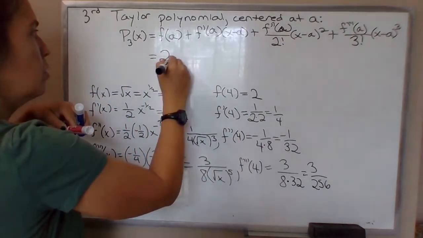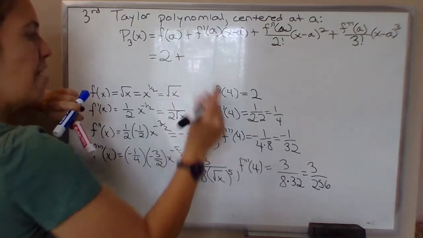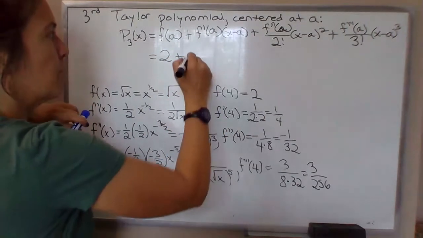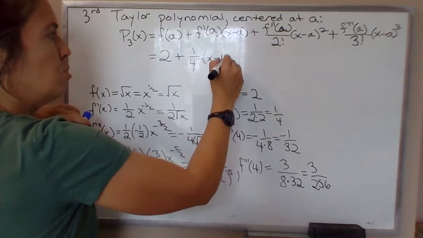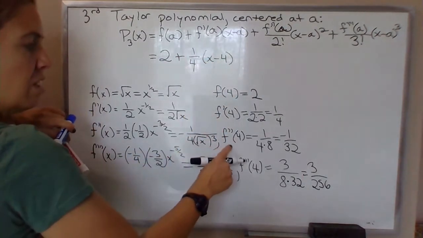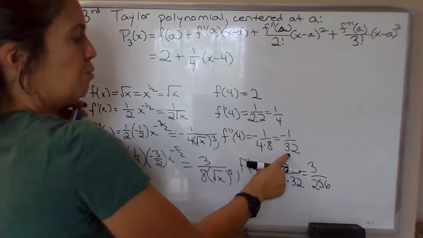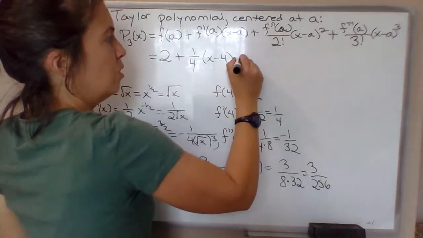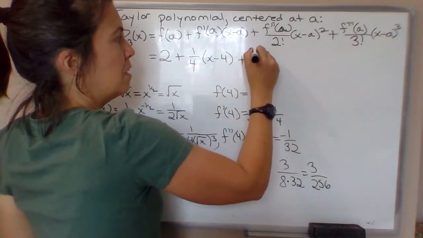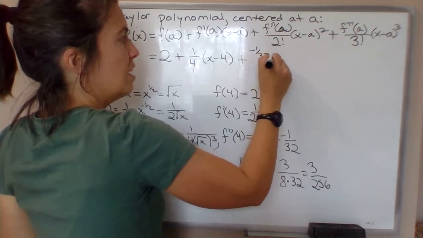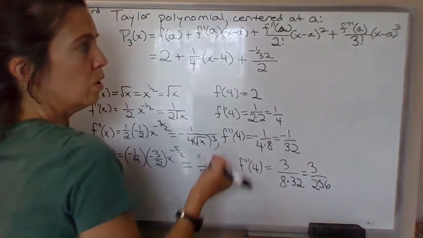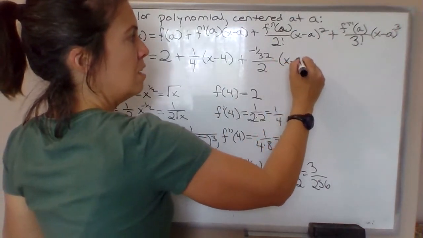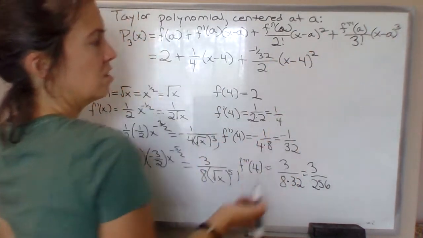Okay, plus f prime, which is 1/4, times x minus 4 to the first. F double prime is this negative 1 over 32. So I guess I'll just plug it straight in for now. So this is negative 1 over 32 over 2 factorial, which is 2, times x minus 4 to the second.